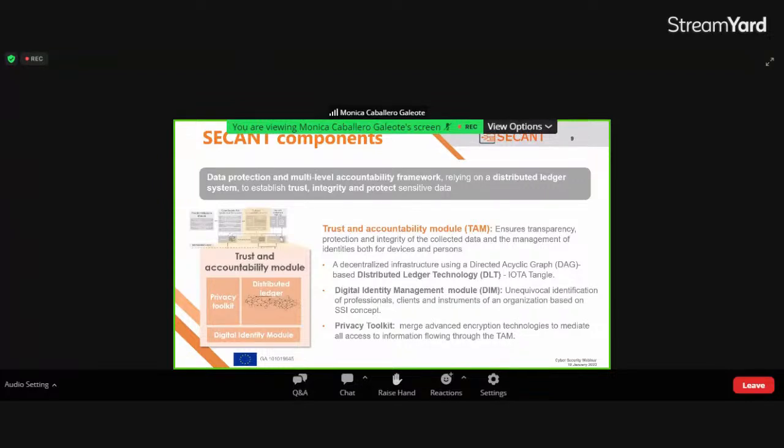And the other model that composes this trust and accountability model is a privacy toolkit. It will ensure integrity of the communications between the cybersecurity professionals and the platform, and will rely on advanced encryption technologies to mediate all the information flowing through this trust and accountability model and the platform.